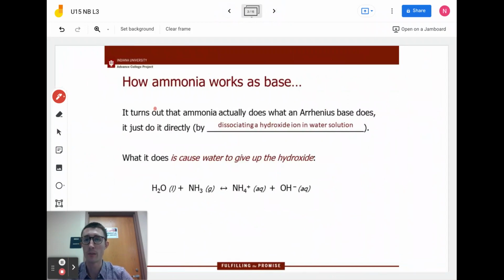So ammonia does what an Arrhenius base does, practically speaking. It produces a hydroxide ion in the water solution. So we are still ending up with a hydroxide, but it is causing water to give up the hydroxide. Let's take a look at this reaction to highlight this.